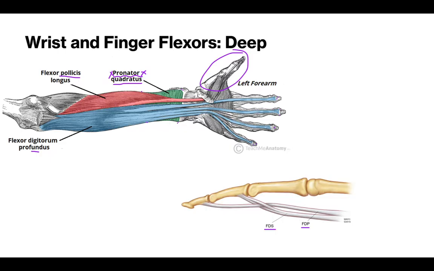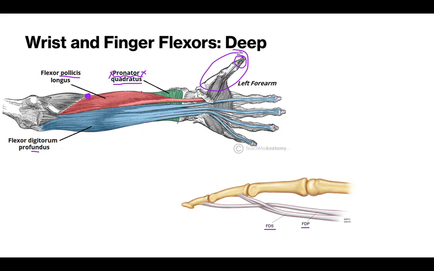So flexor pollicis longus is going to be originating on the middle radius, because it's on the lateral side and radial is always lateral. It's on the same side as the thumb. But it also is going to be originating at that interosseous membrane. Because pollicis is in the name, it's on the radial side, and it's going to be inserting all the way onto the distal phalanx of the thumb.